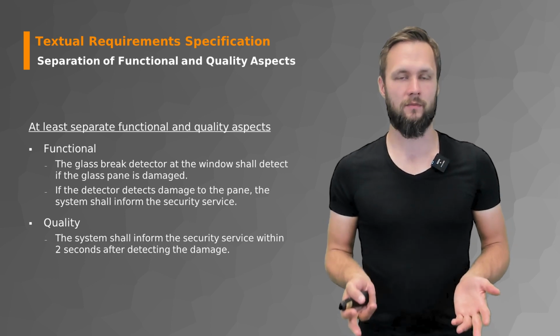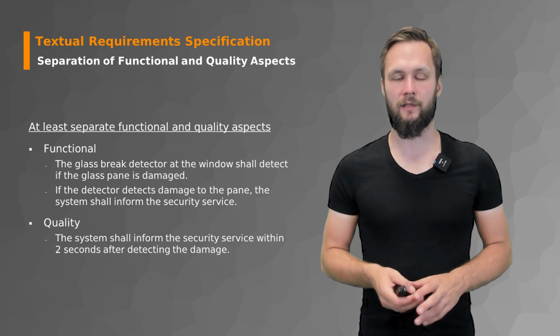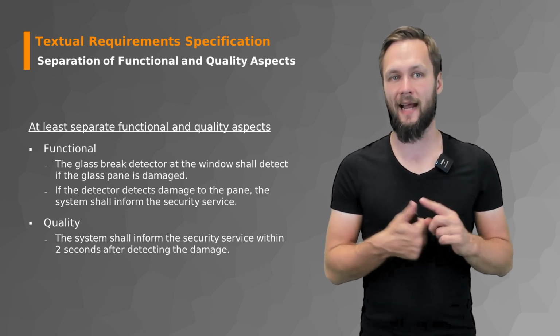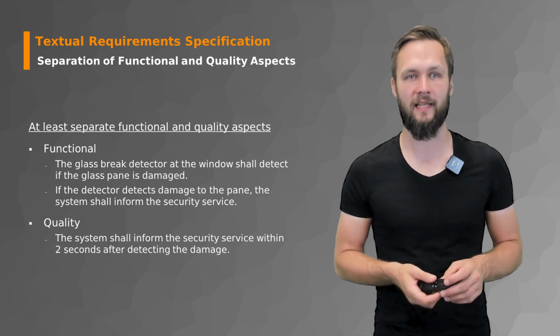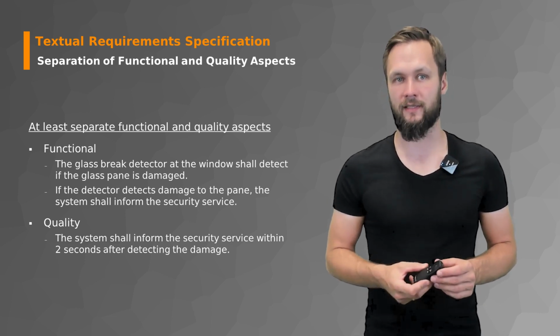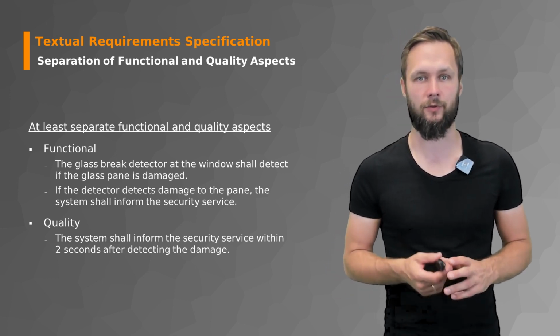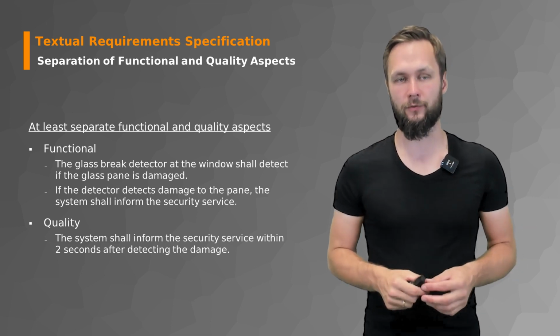So what does it look like in a separated form? If you only try to cover the functional ones, then you're suddenly talking about the glass break detector at the window shall detect if the glass pane is damaged. And if the detector detects damage to the pane, the system shall inform the security service. So 2 sentences, very clear separation of concern.